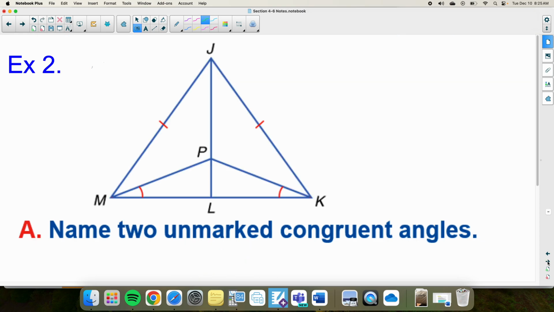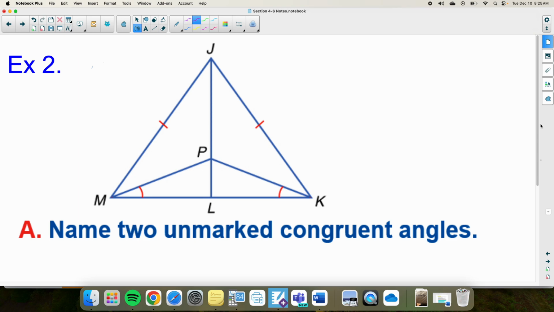All right. Now, if we look at this, it says name two unmarked congruent angles. If you're naming angles, you want to find a triangle that has two sides marked. So do you guys get this huge triangle has the two sides marked?